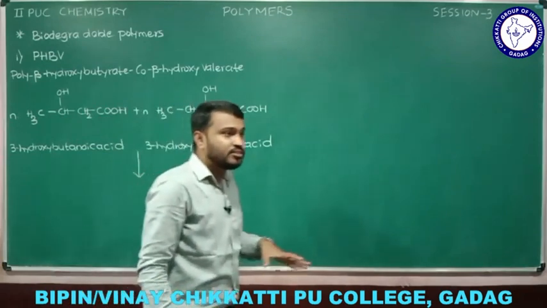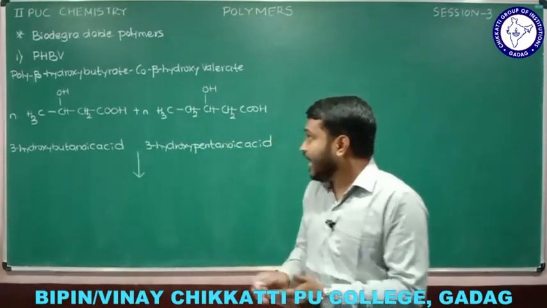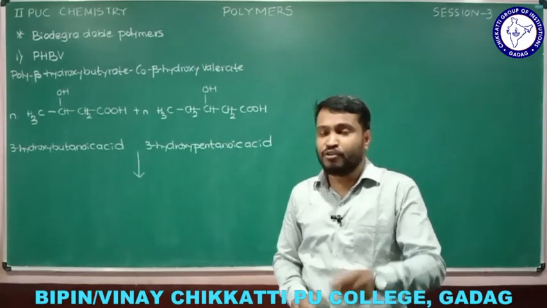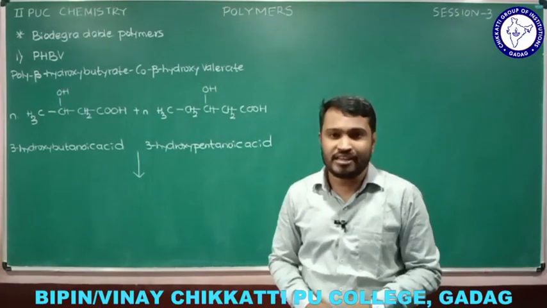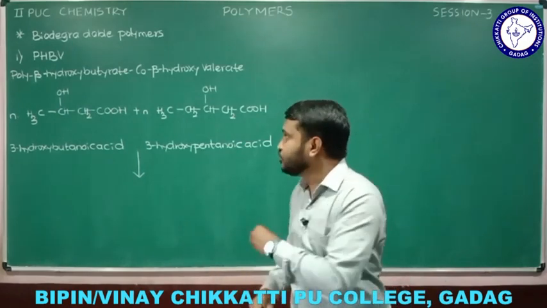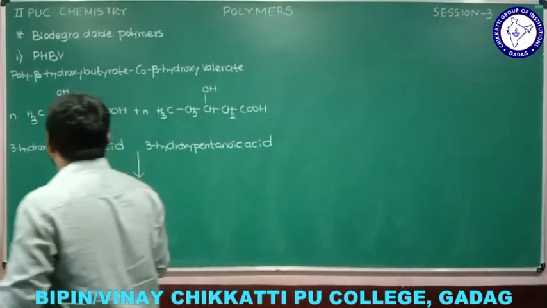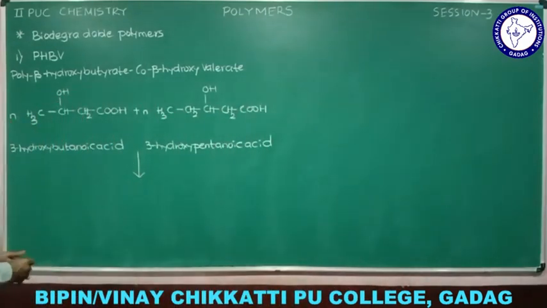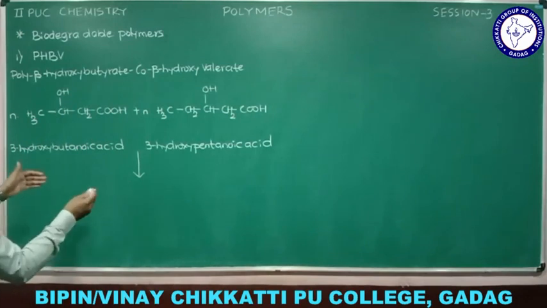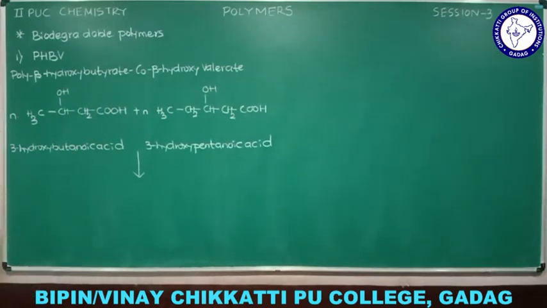And here the question arises: how are you going to get the structure of PHBV? Remember, PHBV is the best example for condensation polymerization again, and here it is not as easy as just joining these two to get the polymer structure. Just look over here how the elimination of a water molecule takes place, and you have to look at how I am going to eliminate the water.